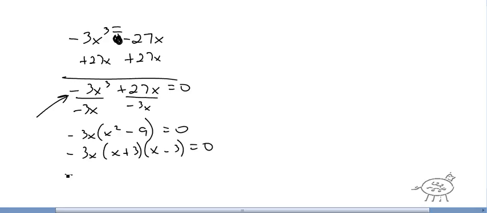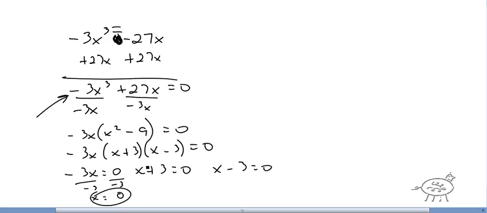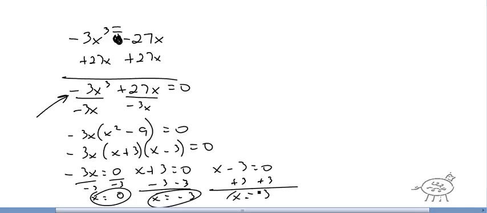Okay, set each of those equal to 0. And of course, this one just gives you x equals 0. That one, subtract 3, I get x equals negative 3. And this one, add 3. There we go. 0, negative 3, and 3.